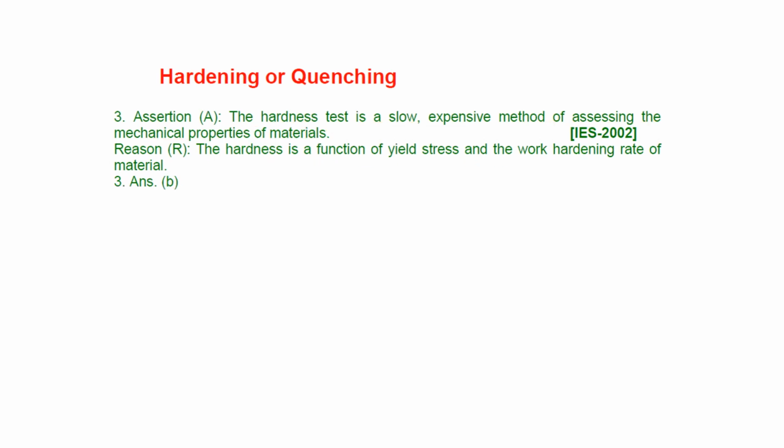So it is actually B, both are correct. Yes, the hardness is a function of yield stress and the work hardening rate of material. Yes, both are correct, but this is not a correct explanation. So the answer is B.